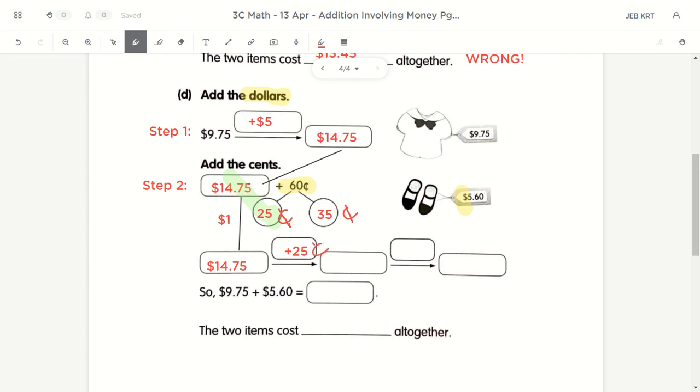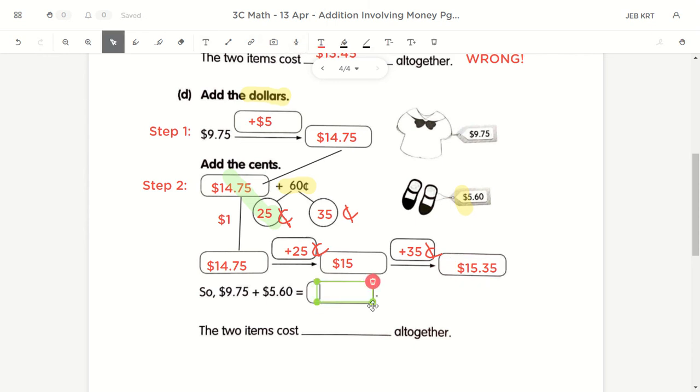So $14.75 plus 25 cents will give you $15. This is what we call a whole dollar because there's no cents involved. After that, you add your remaining 35 cents. So $15 plus 35 cents. The answer is quite straightforward. You get $15.35. And that will be the answer for the last part.